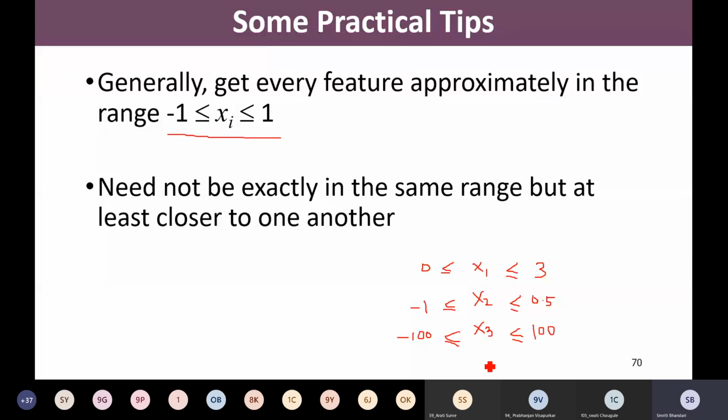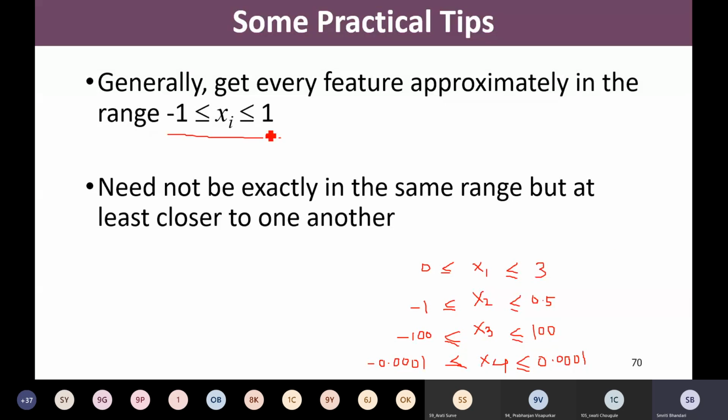And let us assume one more feature x4, and that lies in a very small range of values, say -0.01 to +0.001.